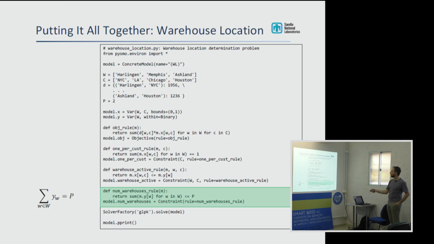So the sum of all the warehouses I'm building has to be equal to 2. Again, this was a trick we saw when I asked you to pick n values from a set of m objects. You remember? It was this answer. So all of these equations I'm writing here, actually we saw before.